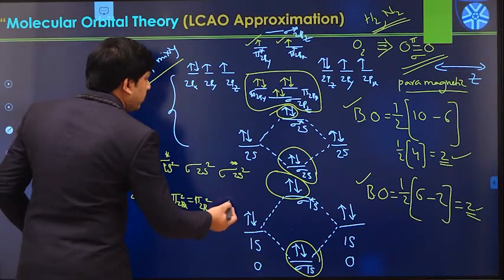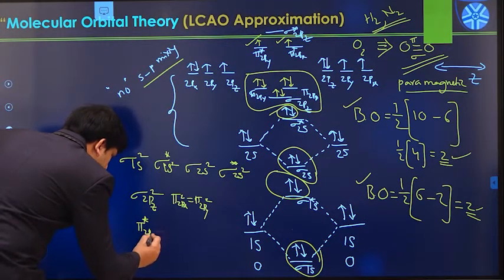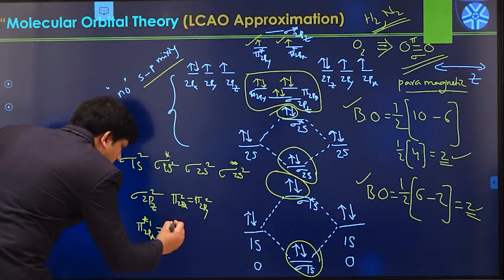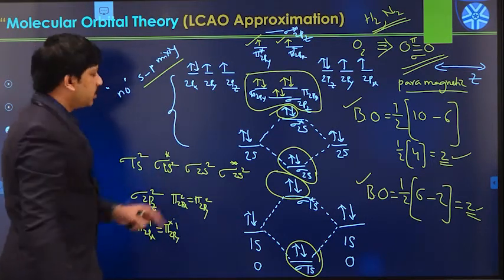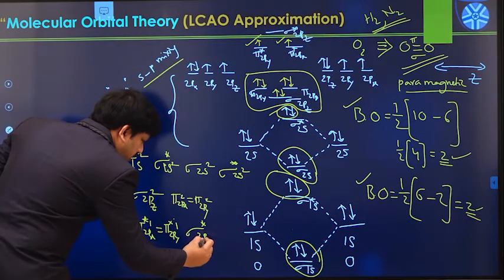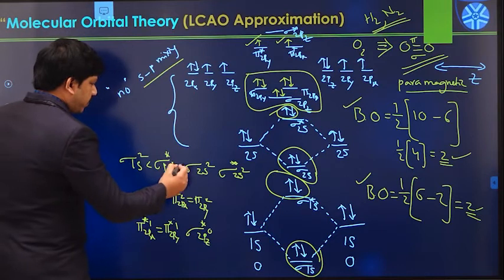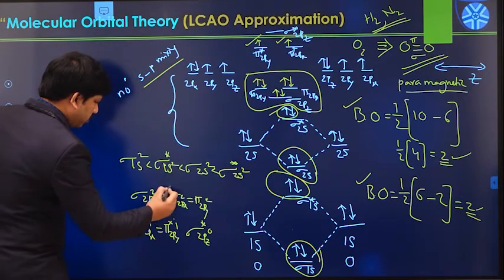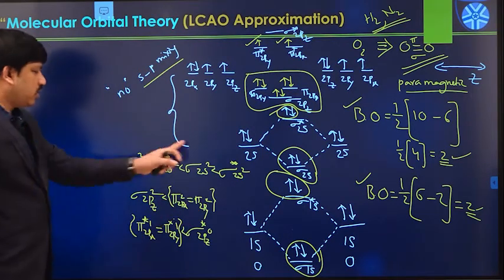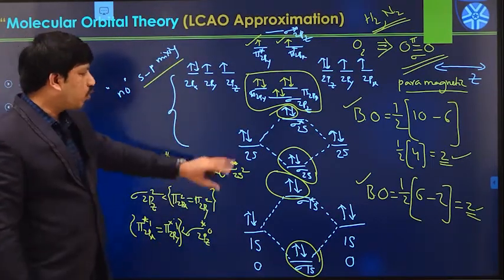Then we have pi star 2px with 1 electron and pi star 2py with 1 electron. The last one is sigma star 2pz, with 0 electrons. So like this we can write the molecular electronic configuration. So this is the construction of the MO energy level diagram of the O2 molecule.